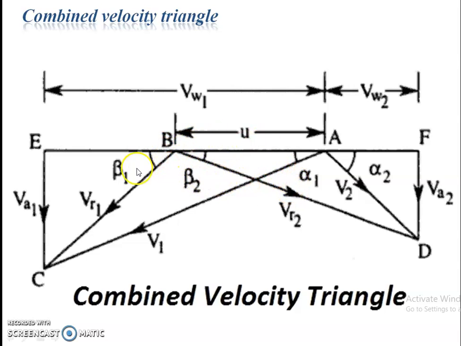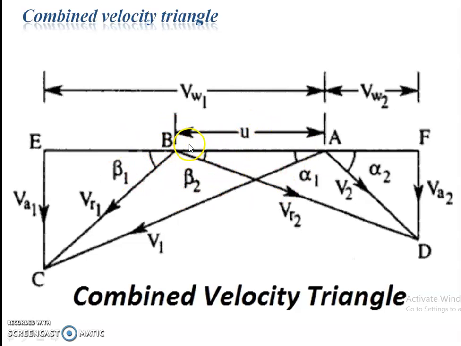The blade inlet angle is beta 1. This is the inlet velocity triangle: the velocity is V1 at an angle of alpha 1, the blade angle is beta 1, and the relative velocity is VR1. This is called the inlet velocity triangle.